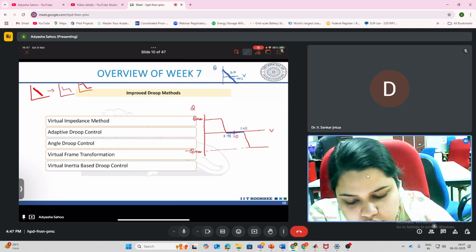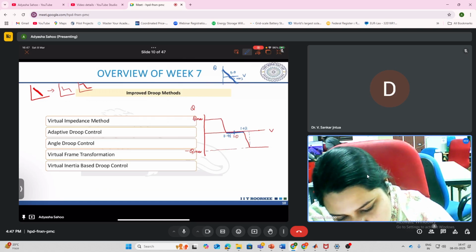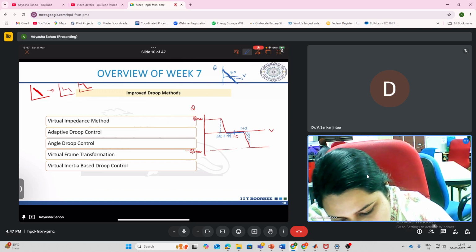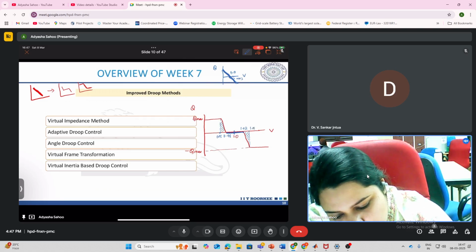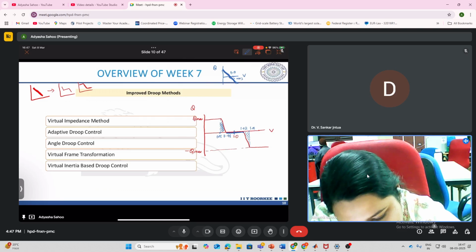But if the voltage increases beyond 1.02, that is this region, or if the voltage drops below 0.98, that is this region, till 0.95. This is 0.95. This is 1.05. So in this region, we inject or absorb the Q proportionally, because you see this is the straight line.